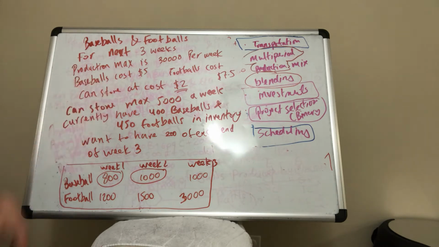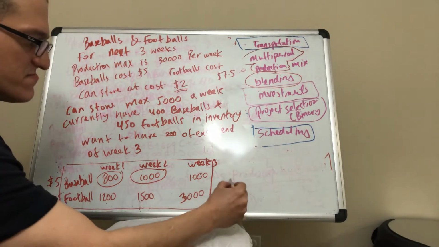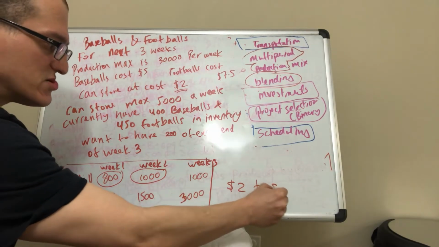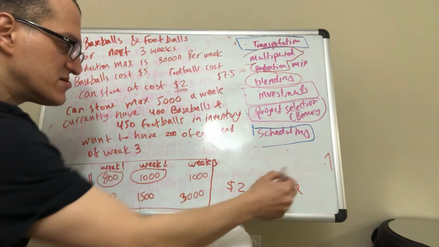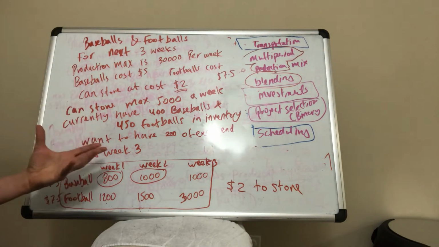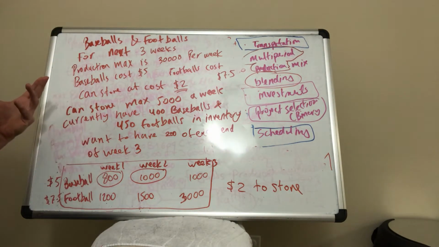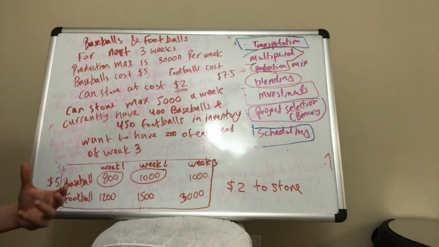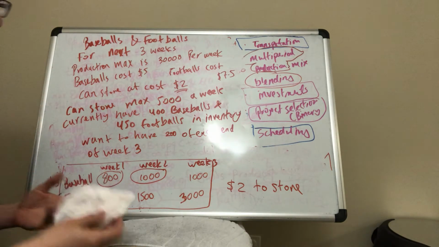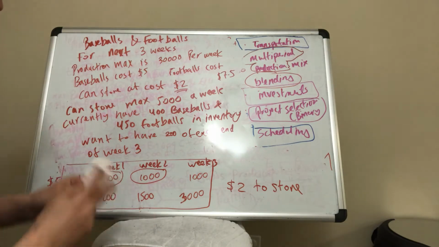They also tell you that a baseball costs $5 and a football costs $7.5, and $2 to store. So you have the option of storing your product in inventory. They also call this production inventory.